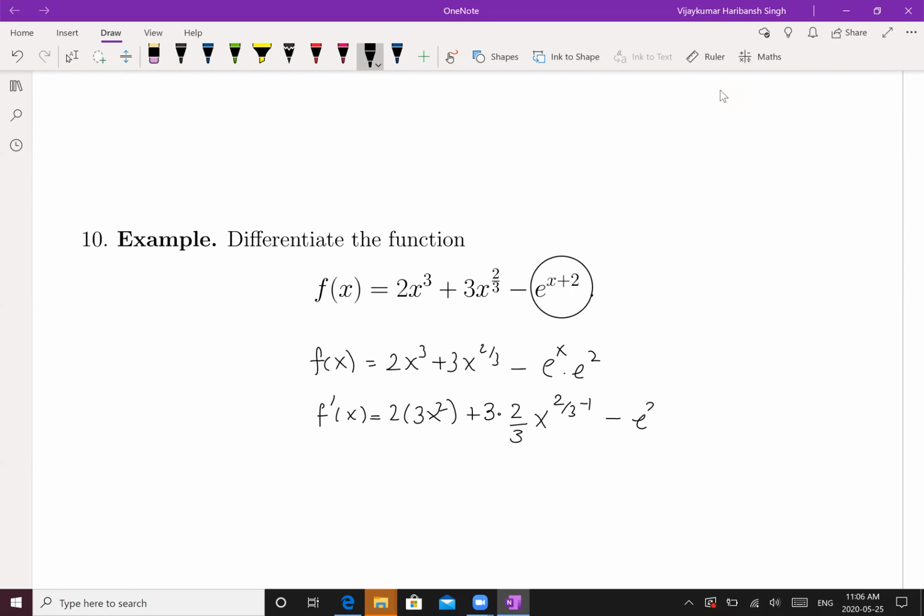And e squared comes out as a constant, and the derivative of e to the x is e to the x. So we get 6x squared. This 3 and this 3 will cancel. So we have 2x to the power minus 1/3 minus e squared times e to the x. So this is the derivative of this function.